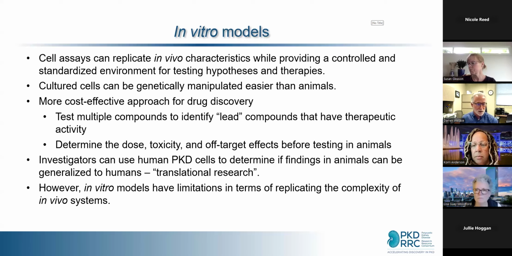In vitro models are also more cost effective for drug studies than animal models. And we can test multiple compounds to determine a lead compound that may have therapeutic activity, and also determine dose, toxicity, and off-target effects before actually testing the compound in animals.